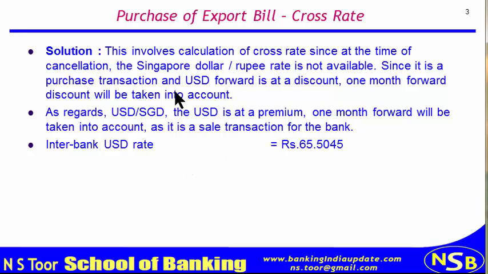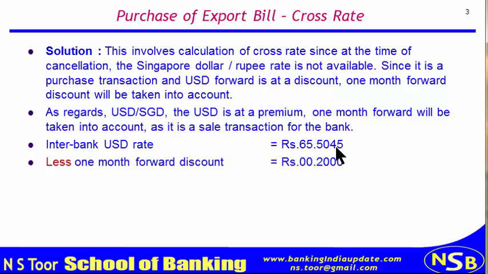Now our solution. Interbank US dollar rate, it is given as 65.5045. Because it is a buying transaction, we have taken into account the buying rate. Less 1 month discount. Had it been a premium, we would have added it, but it is a discount, so it will be deducted.